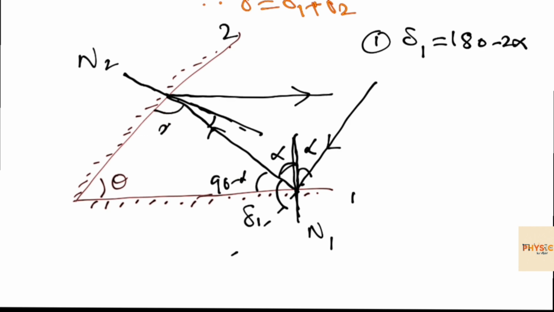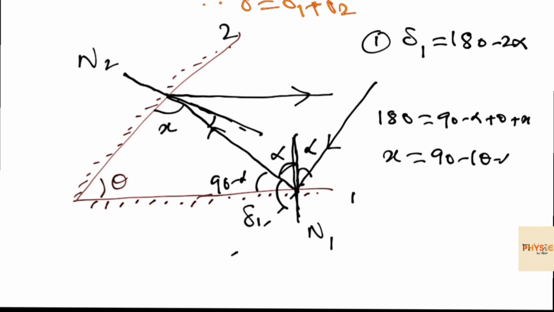If the remaining angle is taken as x, the total angle in the triangle is 180, so 180 equals 90 minus alpha plus theta plus x. The value of x is 90 minus theta minus alpha. The angle with the mirror is 90, so subtracting the x value, the angle of incidence on the second mirror is 90 minus x, which is theta minus alpha.